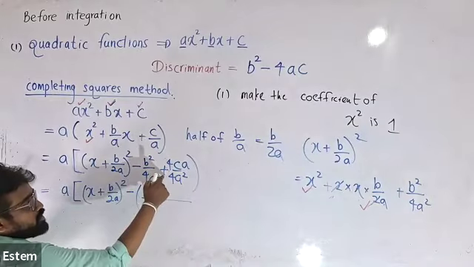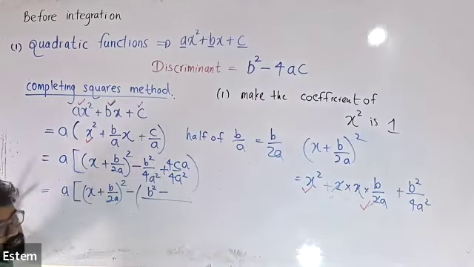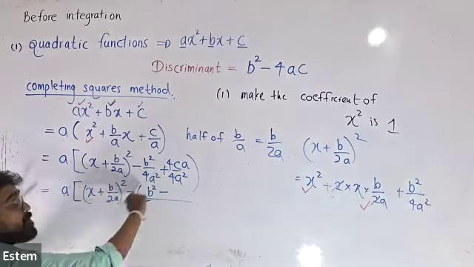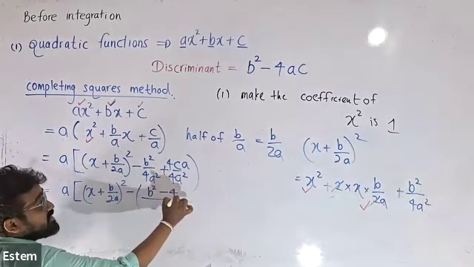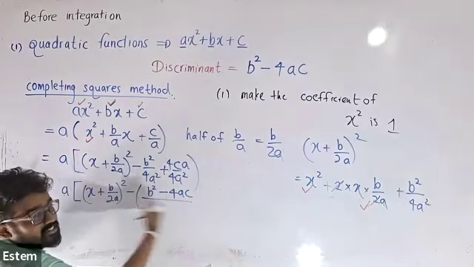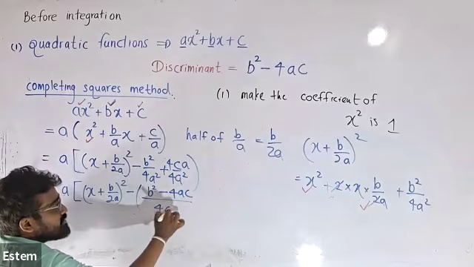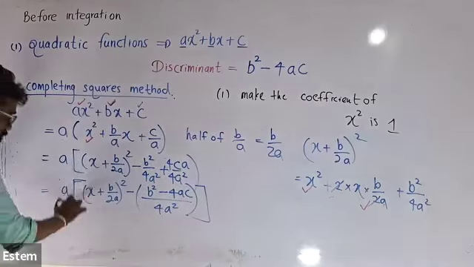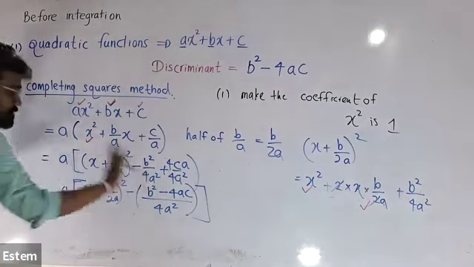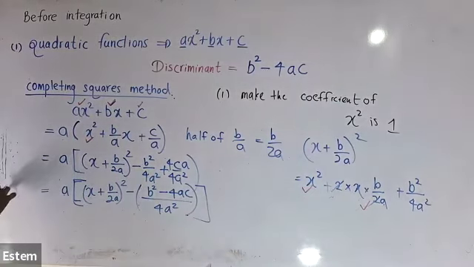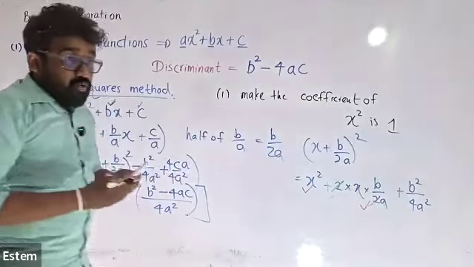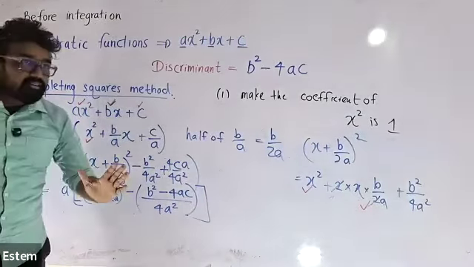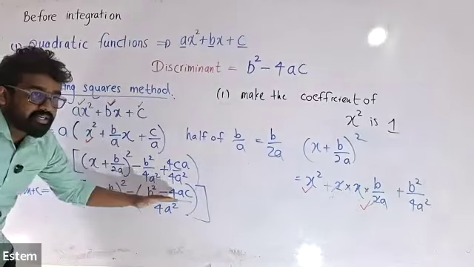To become positive, this should be minus. So minus b squared and minus positive, I write this as 4ac. This is the discriminant. And here, the common denominator is 4a squared. We should close the main bracket. This is the completing square method. On this side, there is ax squared plus bx plus c. And you can see that there is a direct relationship between the discriminant and the completing square method.